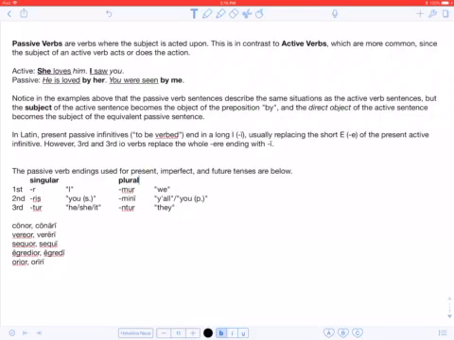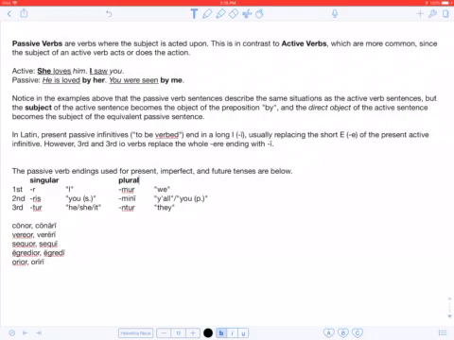So active sentence, the doer is the subject, the person to whom it's done is the direct object, but in the passive sentence, the person to whom it's done is the new subject, and the person by whom it's done goes into the prepositional phrase, by that person.